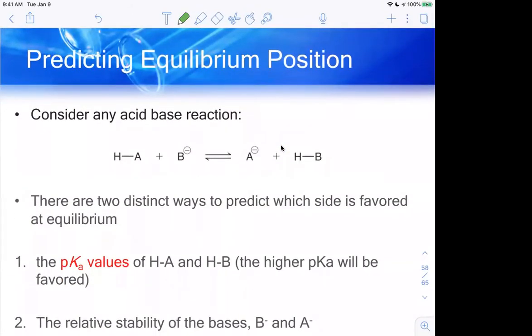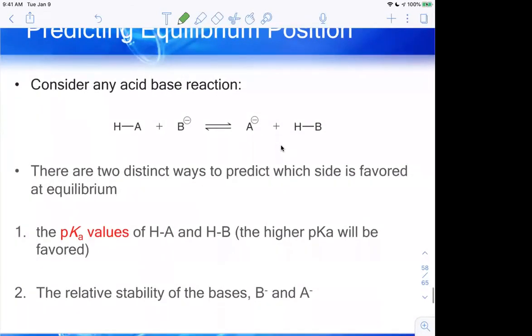Now, when I predict the equilibrium position, what I'm going to do is look at any acid-base reactions, and I'm going to look at the pKa values of HA and HB. So I look at this and I look at this. The higher pKa will be favored because this would be the weaker acid.